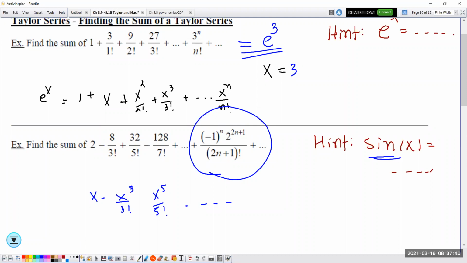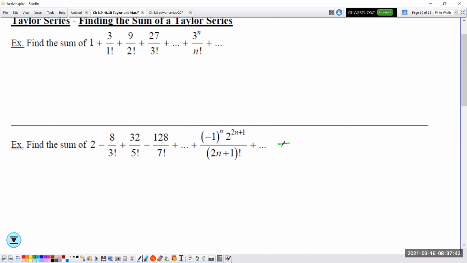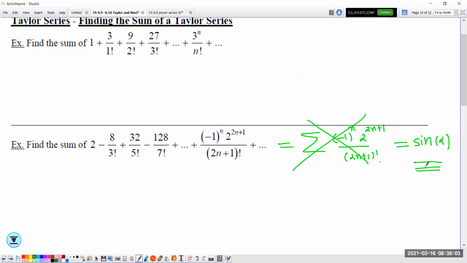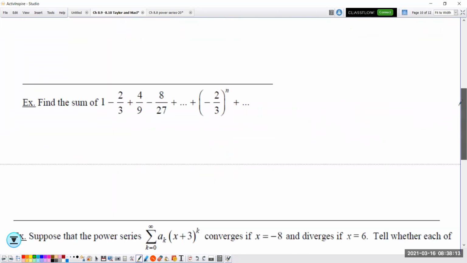So understand the concept here: it's the same as if you use a summation notation, it's not going to make a difference. But this is equal to sine of 2. I'm not asking for this answer. I'm asking for this answer. So for number 3, you should be able to look at the general term and see what kind of series this is.